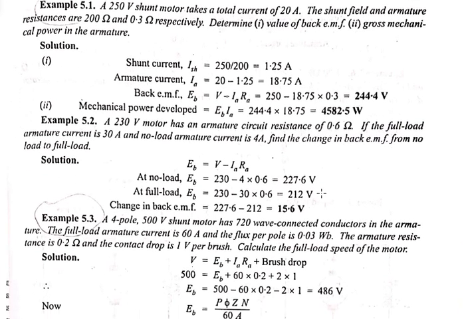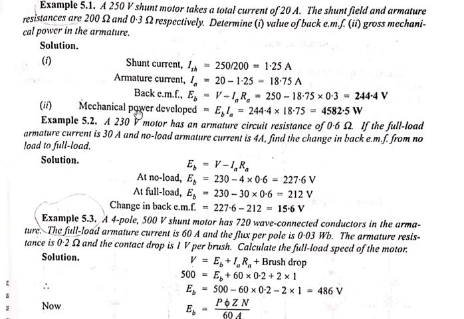Okay, so the first one is: a 250 volt shunt motor takes a total current of 20 amperes. This is IL, the total current is 20 amperes. 250 volt is the terminal voltage. Shunt field resistance and armature resistance are 200 ohm, RSH, and 0.3 ohm, RA. Determine the value of back EMF EB, and the gross mechanical power in the armature.